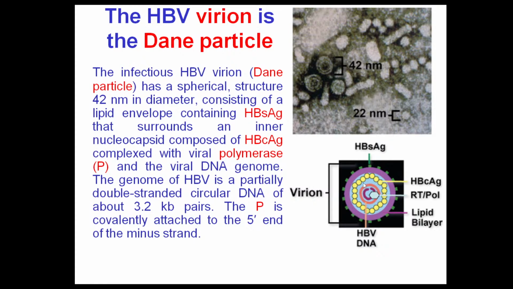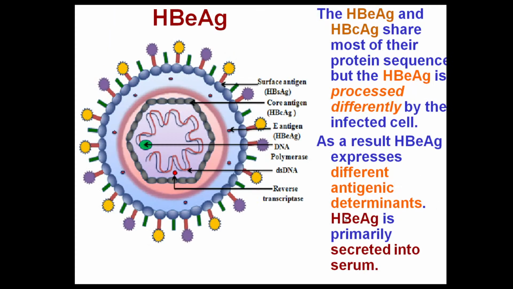The genome is partially double-stranded, and the polymerase is covalently bound to the 5' end. And you can see that except for the hepatitis B core antigen, we have a very small amount of hepatitis B e antigen.